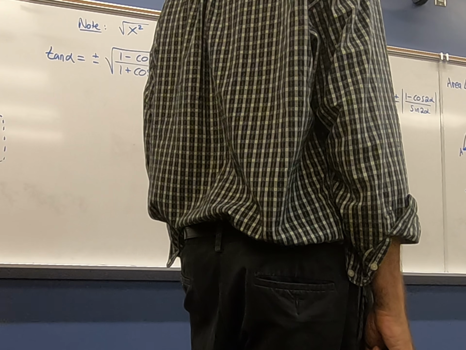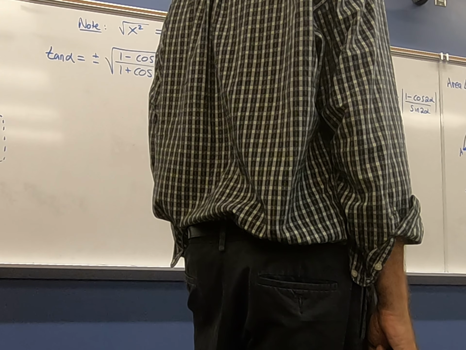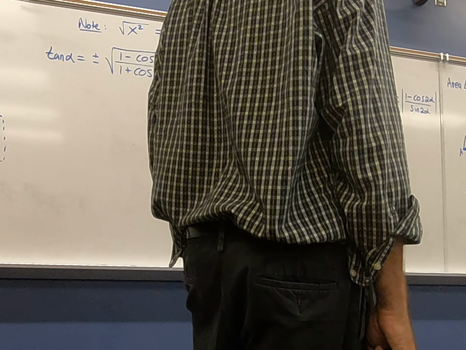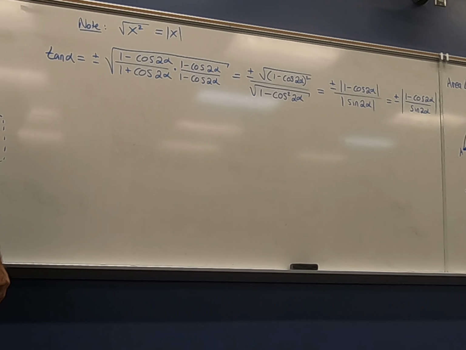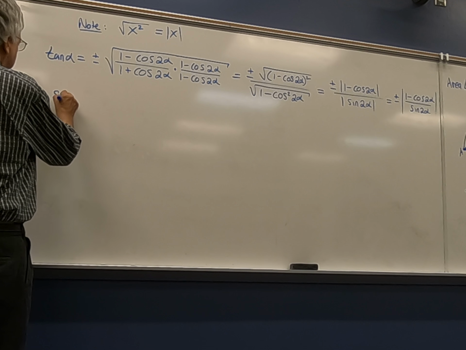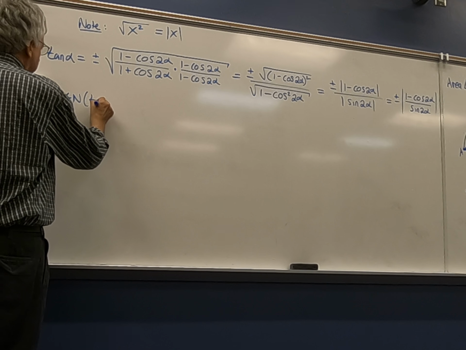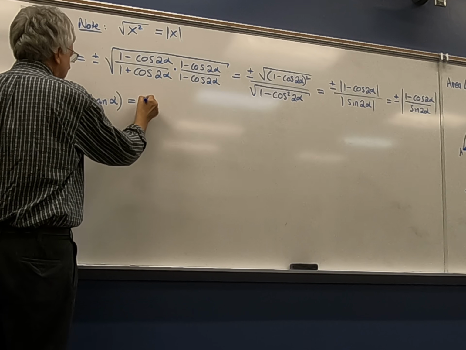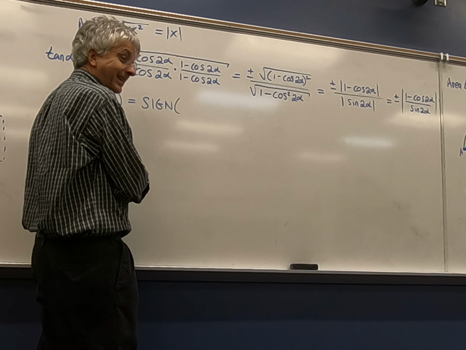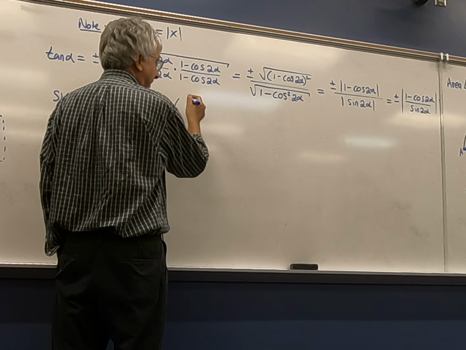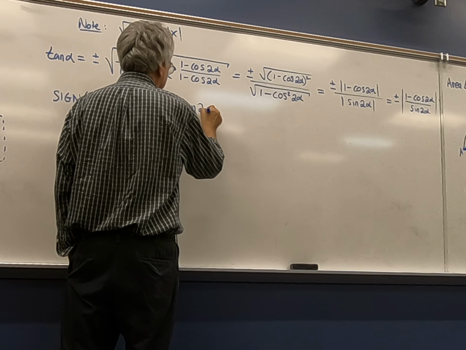But never anything negative, right? How about the denominator? Well, the denominator has the sine of 2 alpha. So the sine of 2 alpha is the same as the sine of tan alpha. I'm going to say this is true. Sine? Yeah, sine with a G. That's either plus or minus, right? Is that true?